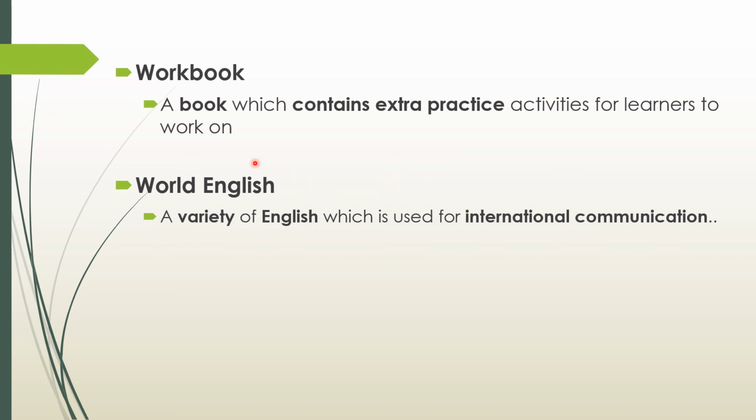But considering the spread of English, different people use English in different situations, and there are lots of varieties and differences. Whenever we refer to that particular variety which can be understood by everyone all over the world, we refer to it as World English, because that variety is used for international communication.